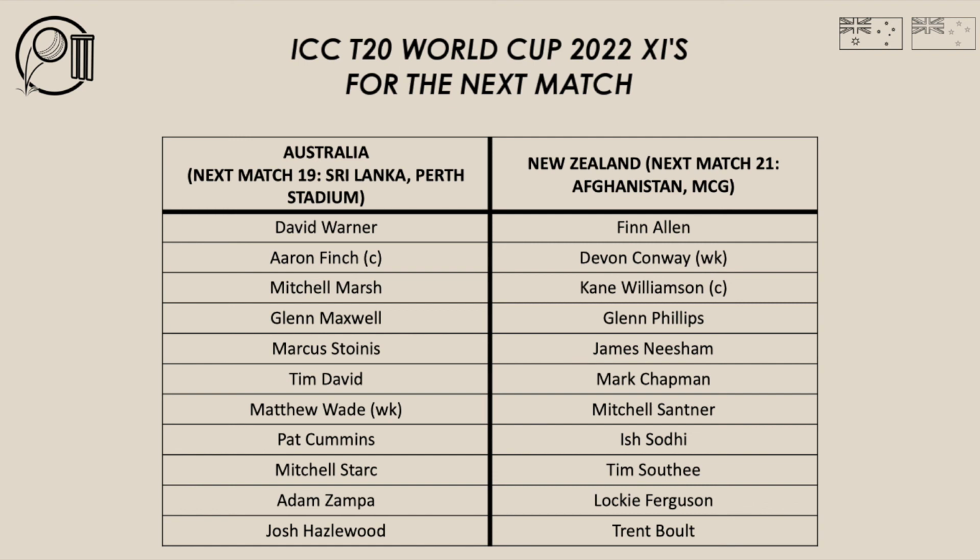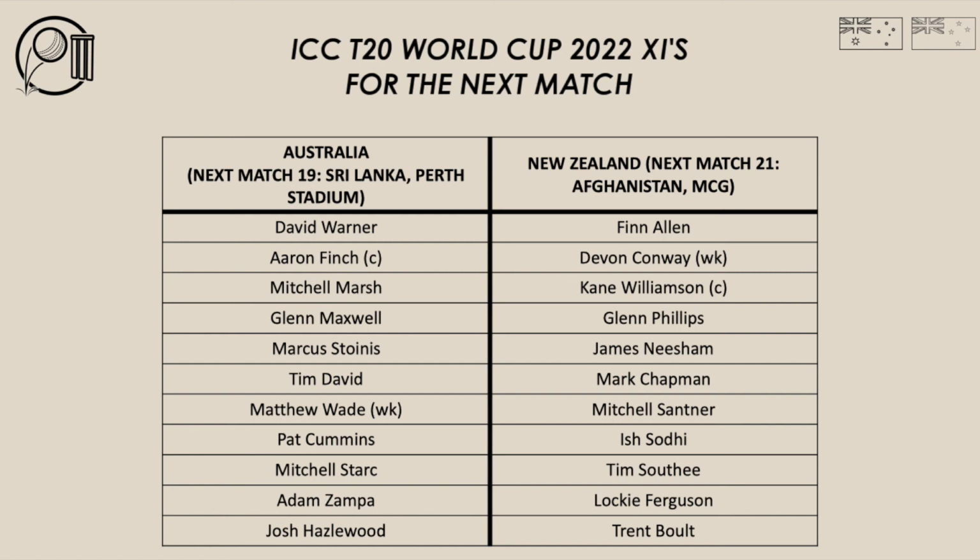But I think for New Zealand, they can't be complacent against Afghanistan. Afghanistan can be a team that can cause an upset on any given day. So New Zealand will have to be on their game. But I think New Zealand should be able to get the job done and probably get the points over Afghanistan. But we should wait and see what happens.